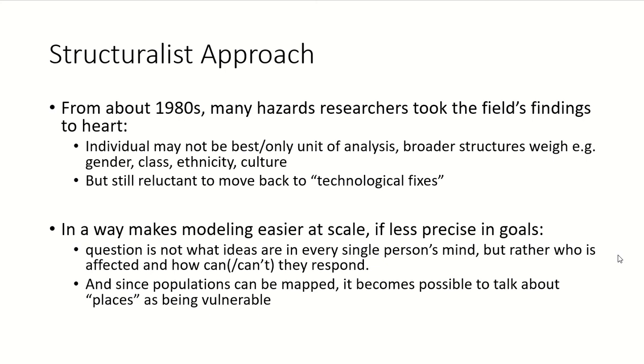So in one way, this movement across scale of analysis, so less focus on the individual, more on the structures at work, allows modeling, maybe allows mapping to be easier at greater scale. So maybe if less precise in goals, I'll allow that.